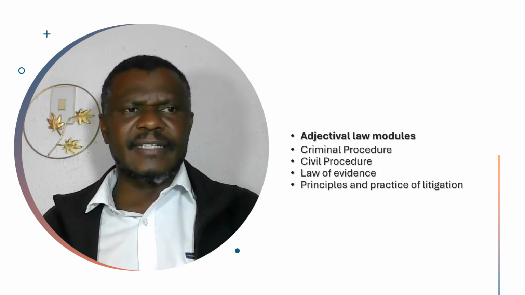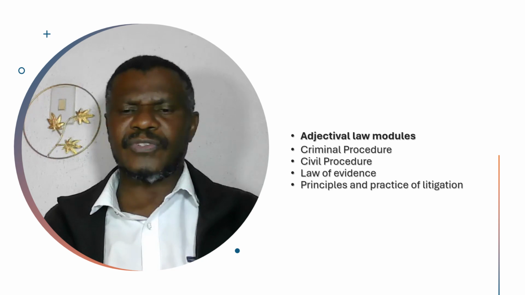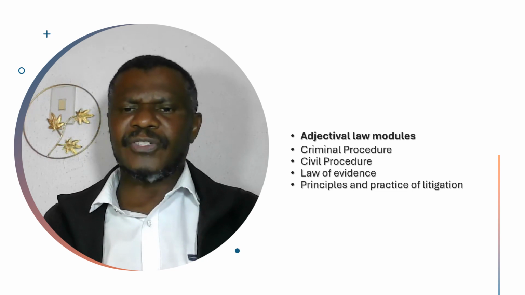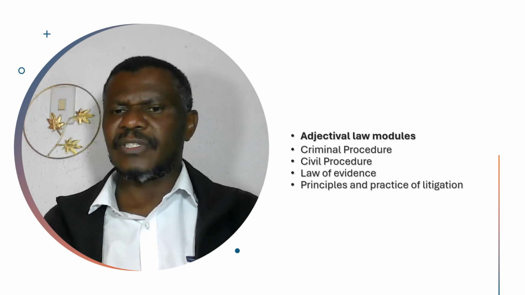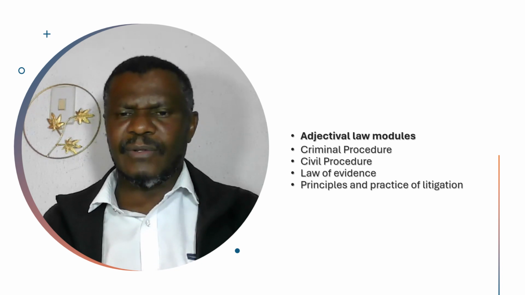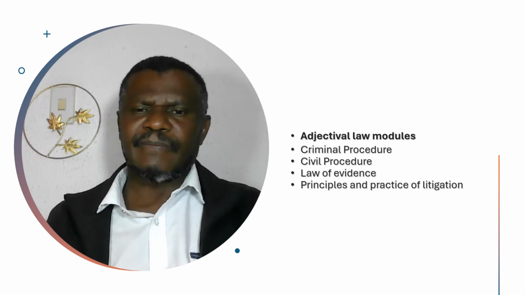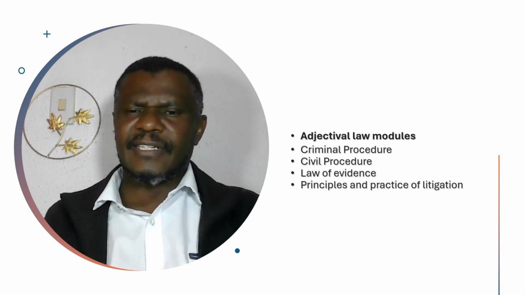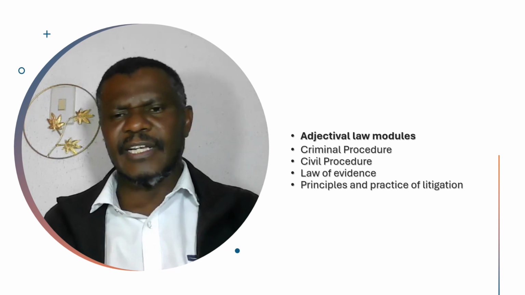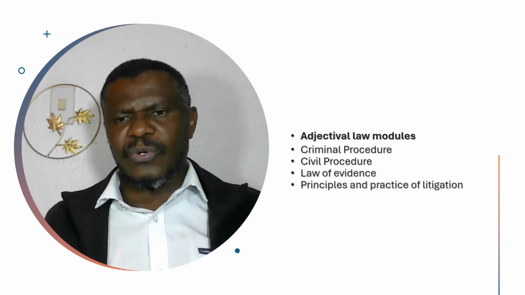So concerning adjectival law, we are looking at principles of criminal procedure in the magistrates court, in the high court, issues of civil procedure in the lower courts, the magistrates court that is, as well as the superior courts. And then we're looking also at the law of evidence. What are those important principles of the law of evidence?